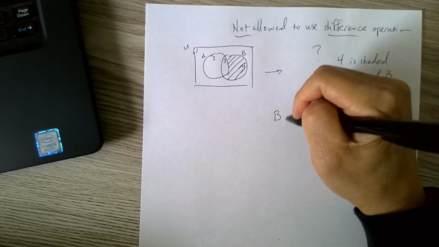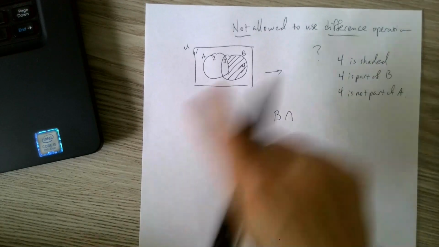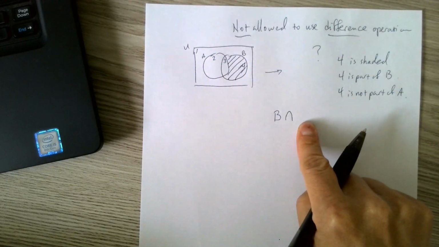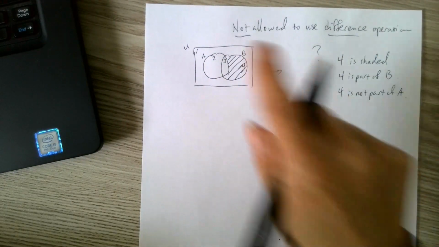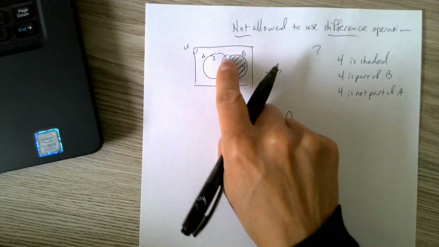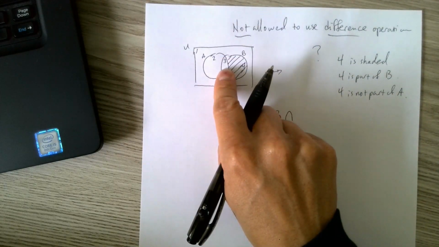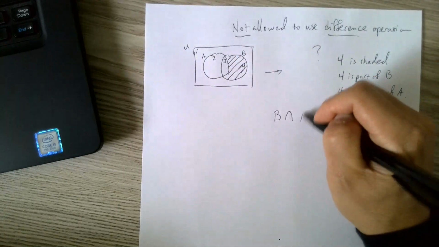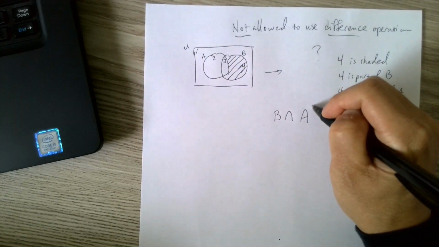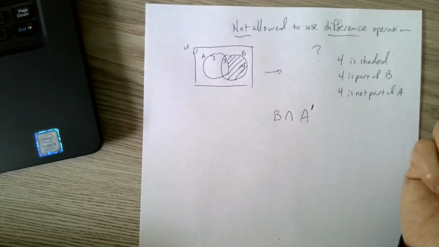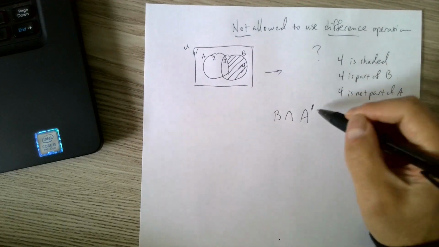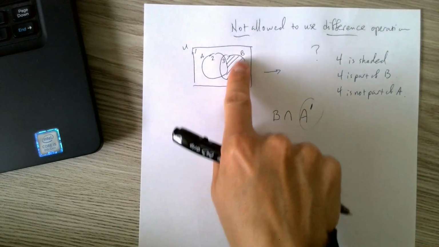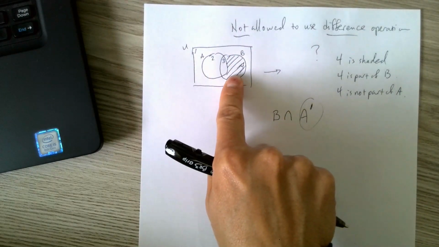So if I take set B and I intersect it with something, then I can remove this part of B. And that something is complement of A. So let me tell you why it's complement of A. So we have set B, but I only want to keep this chunk.